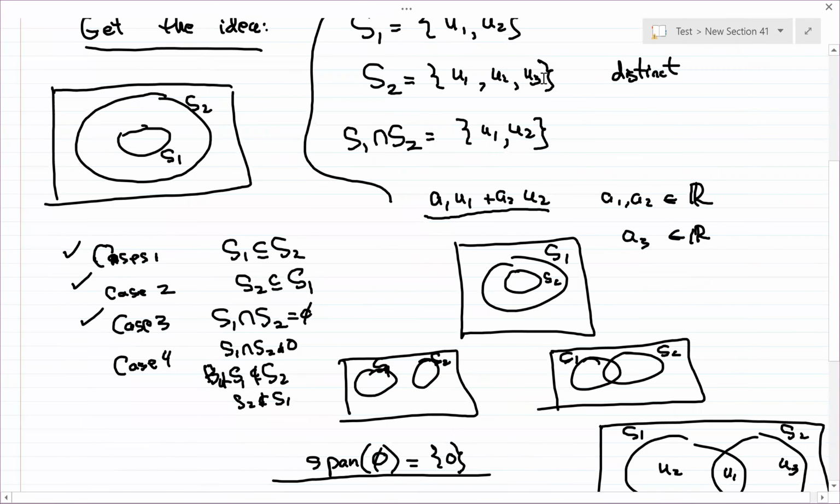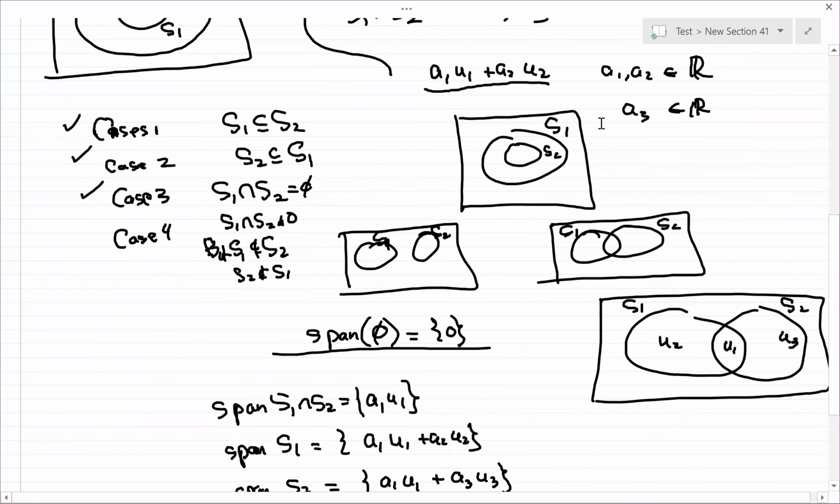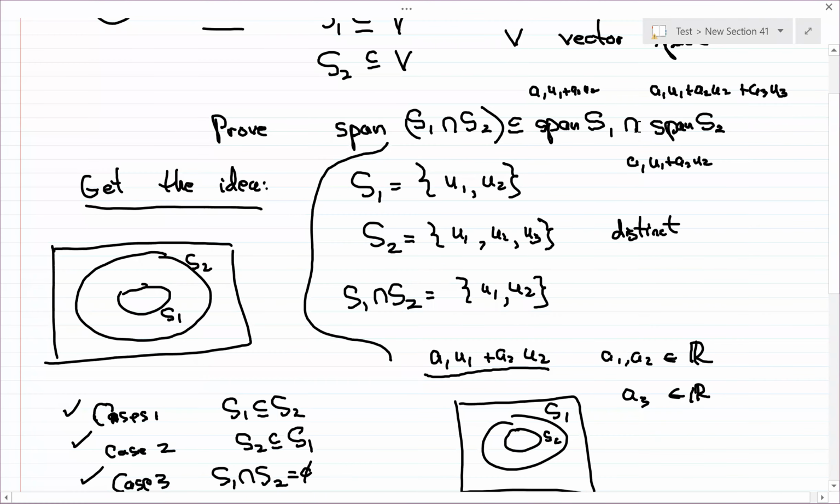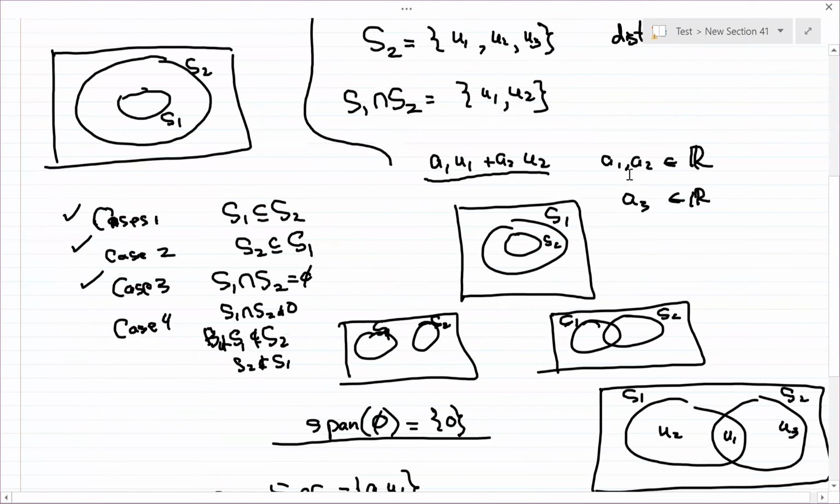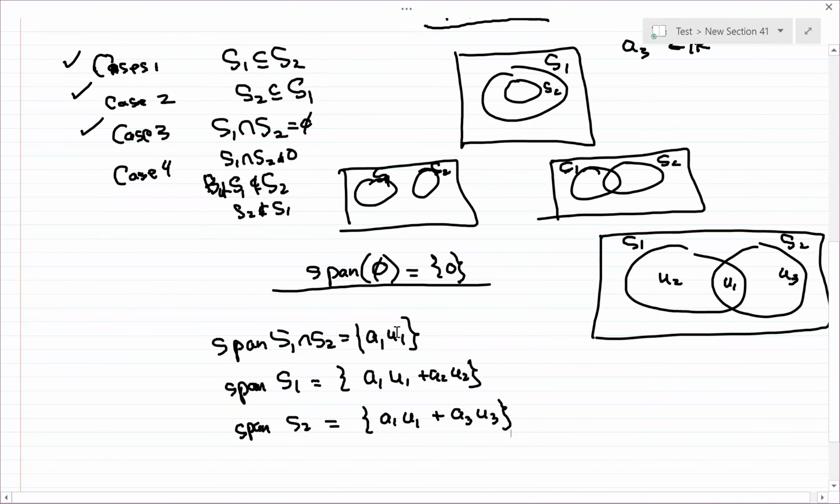Yes. And here they look like linear multiples of U1, U2, and U1, U3. And you can get things like this by picking A2 and A3 to be 0.